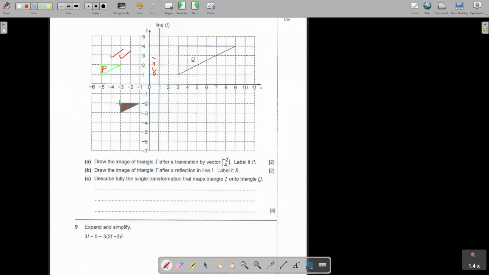This one still. There. Then it's 1, 2, 3, 4. And then 1, 2, 3, and there 4. Again, take your ruler and draw those lines. Okay, and then you label it R.